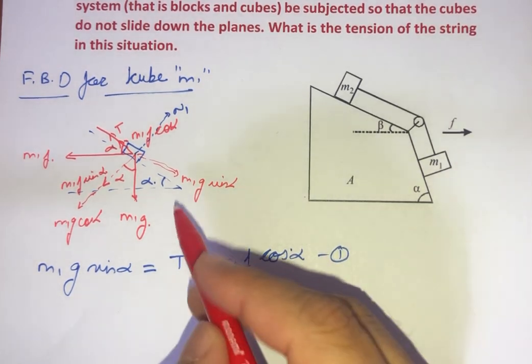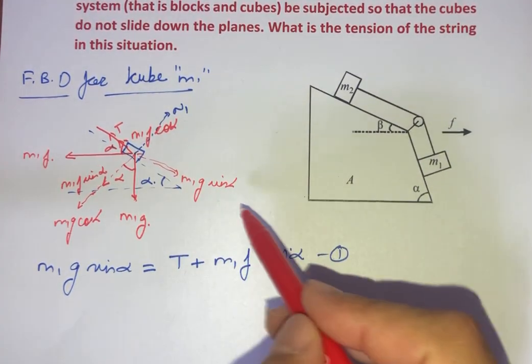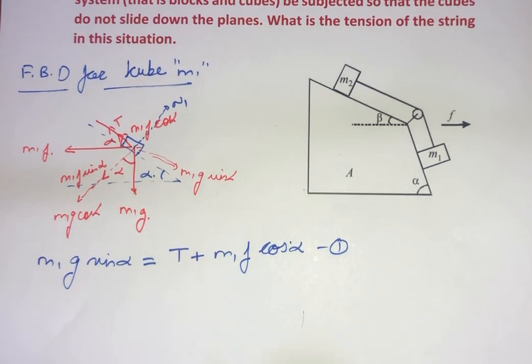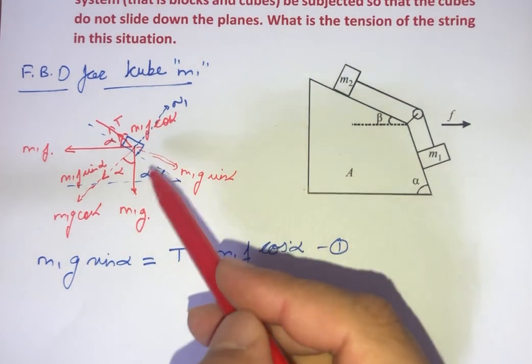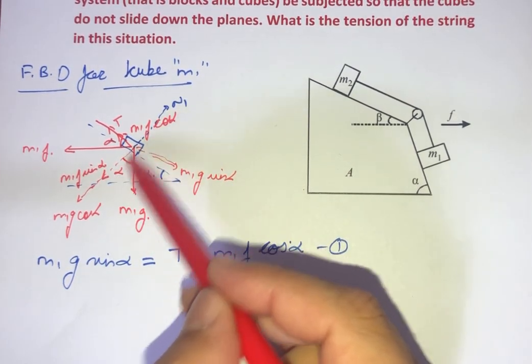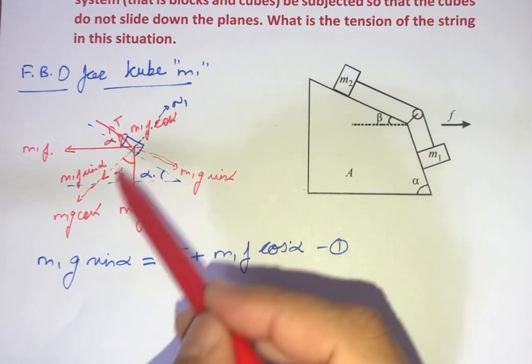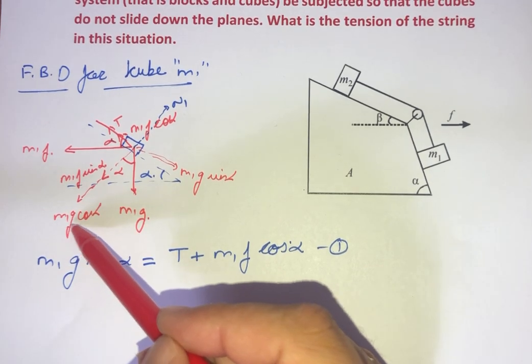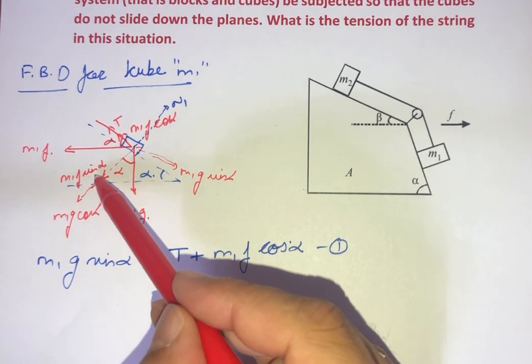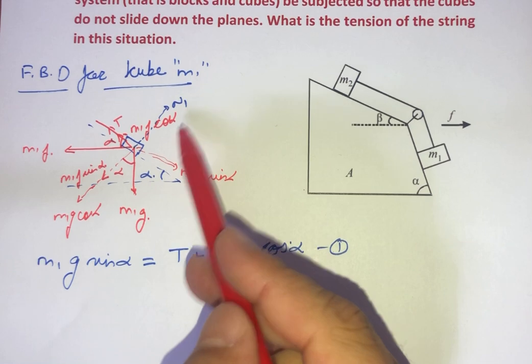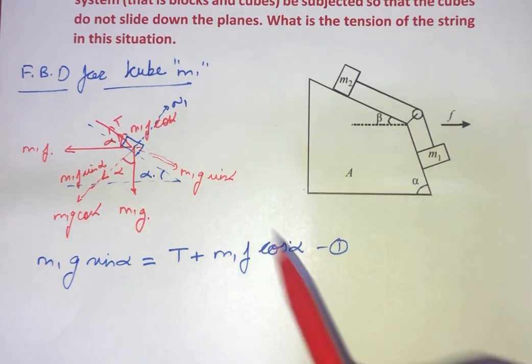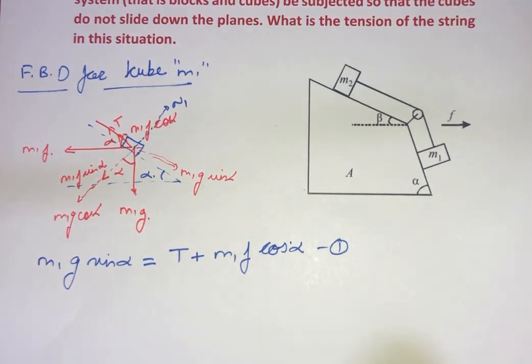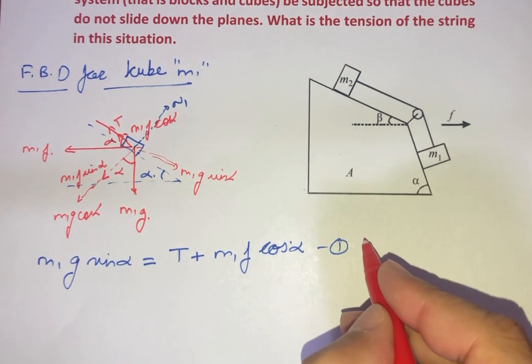We can also use the vertical part, like n1 will be equal to m1g cos alpha plus m1f sin alpha, but it is not much required in the further solution, so we are only going to consider the part which can take part in the motion.